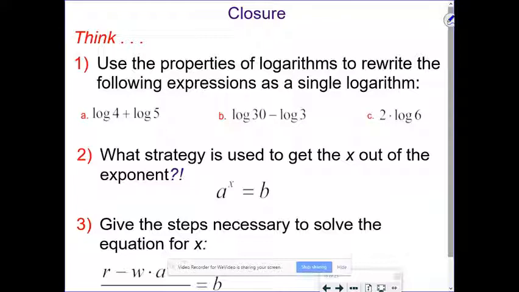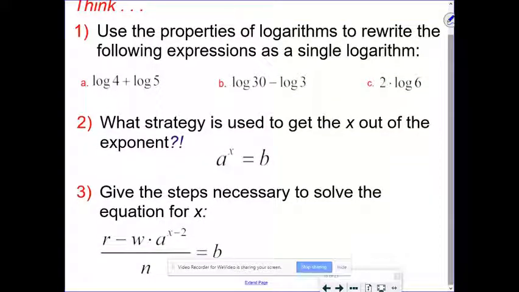In B, it's subtraction, so it's going to be log of 30 over 3 or log of 10. And in E, it's going to be log of 36, 6 squared.